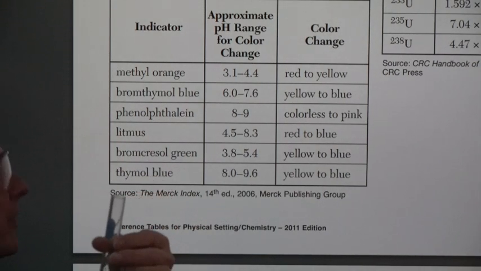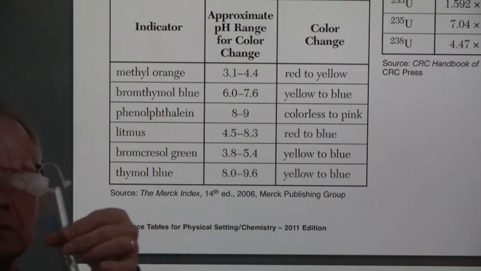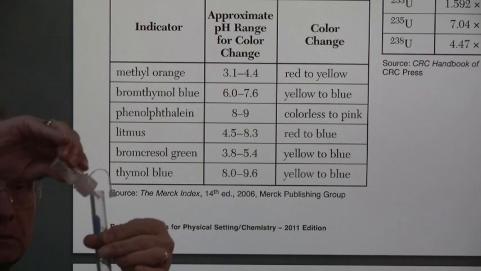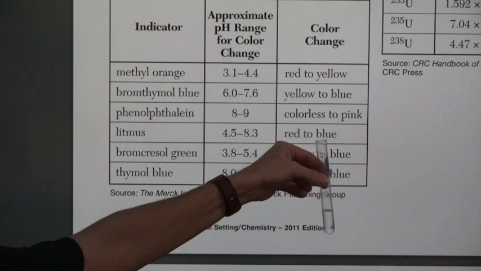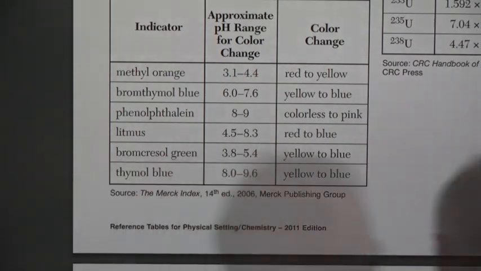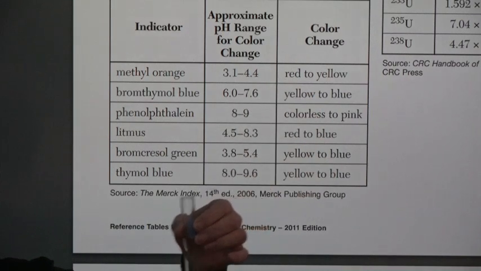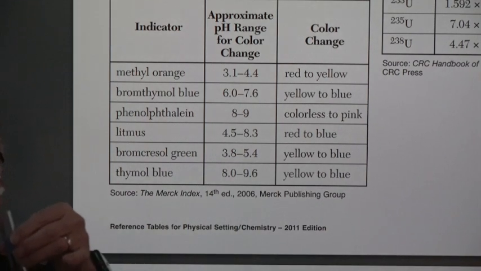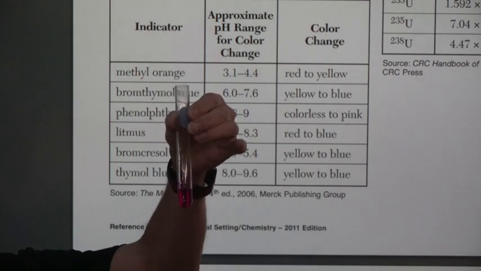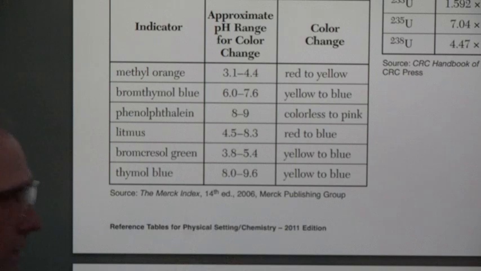So if I put phenolphthalein in there, it says it should be colorless. And phenolphthalein in an acid is colorless. Now, this is a base, NaOH. So let's see about this. It says that in a base, it should be pink. Yeah, that's pretty pink. So in a base, phenolphthalein turns pink.